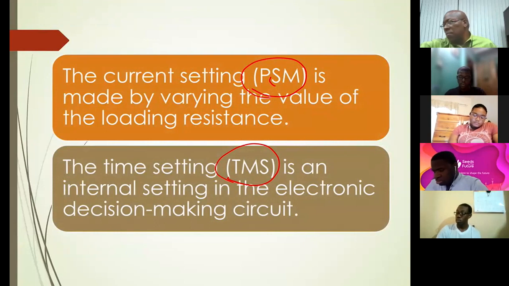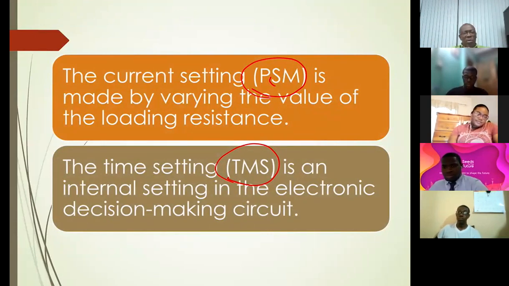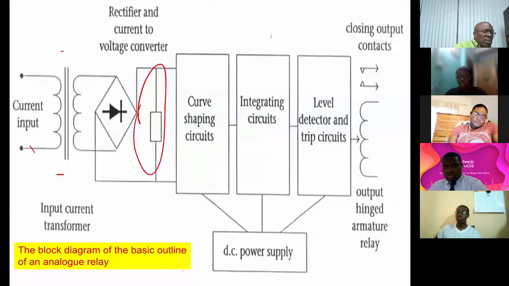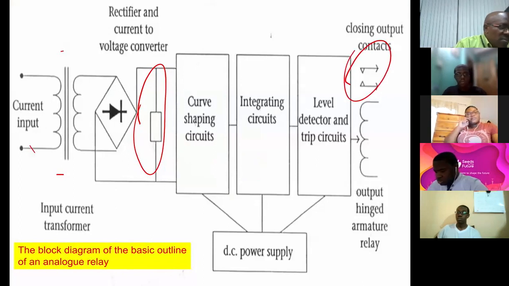So we have now spoken about the electromechanical, and yes, we have done that several times. And now we're talking about the analog. The last thing I want to mention about the analog, and I spoke to it just now, is the contacts external to the relay, which energize your trip circuit for your breaker.